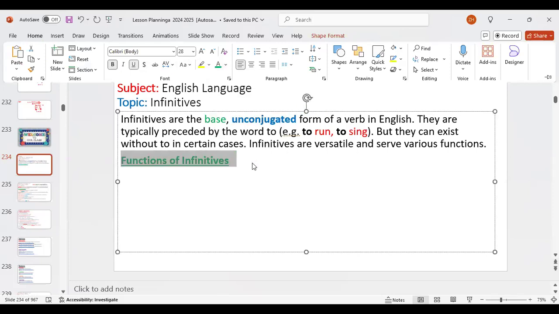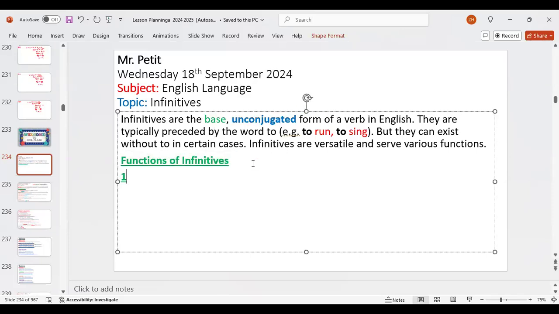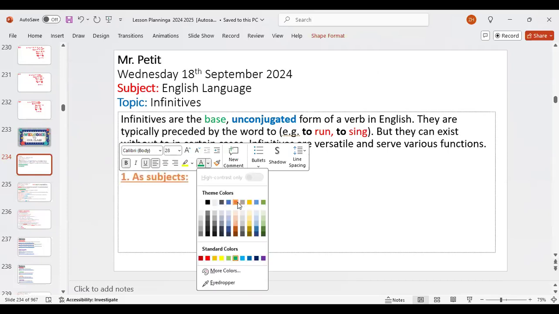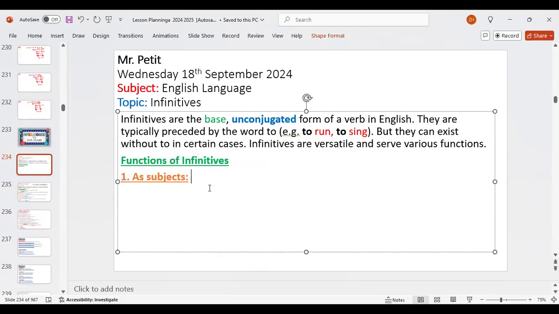So functions of infinitives. Number 1, infinitives can be a subject. So infinitives could be a subject, right? Number 1, write this down: infinitives can act as the subject of a sentence.